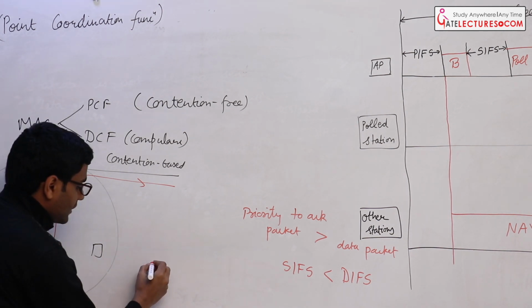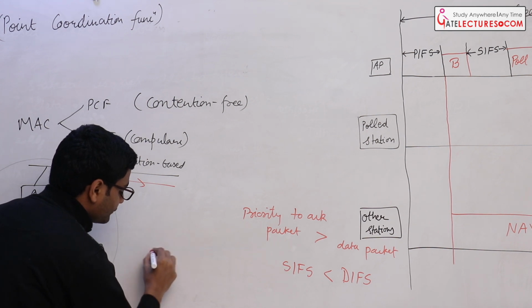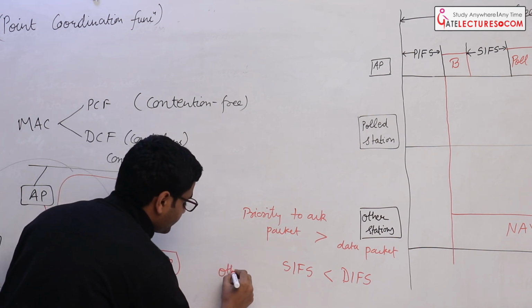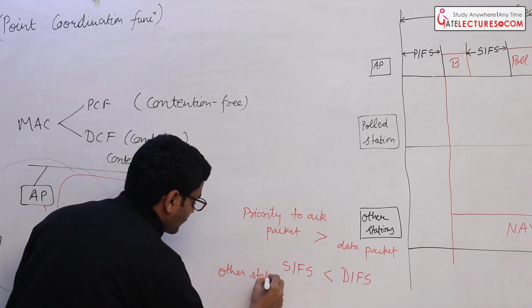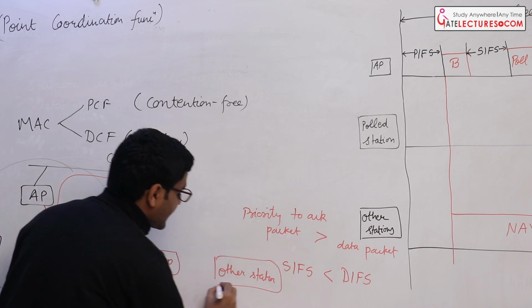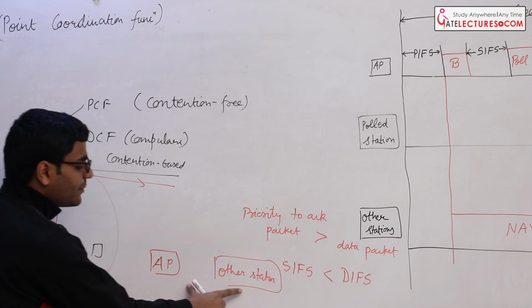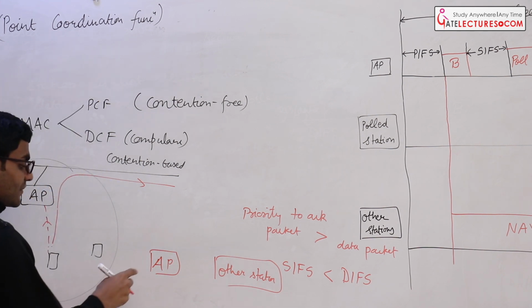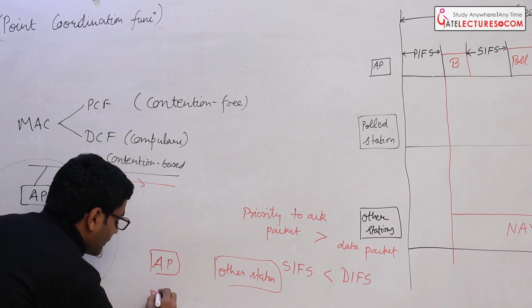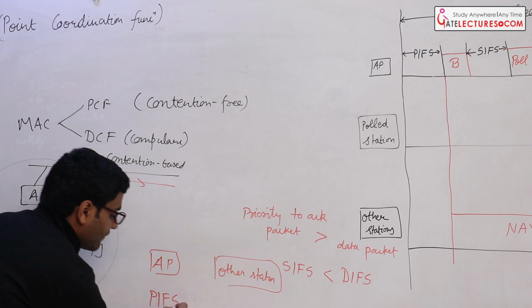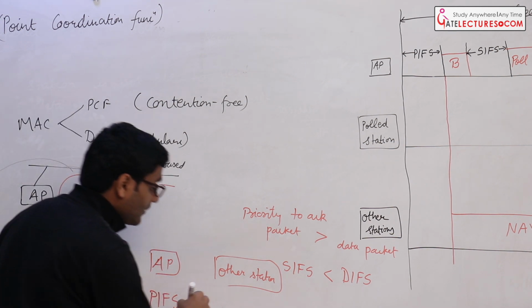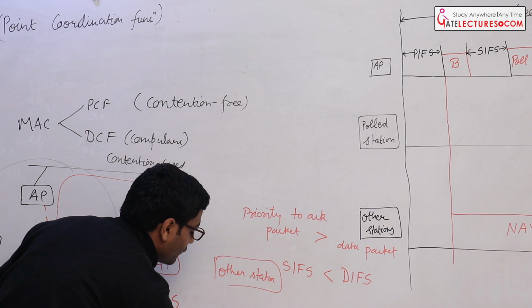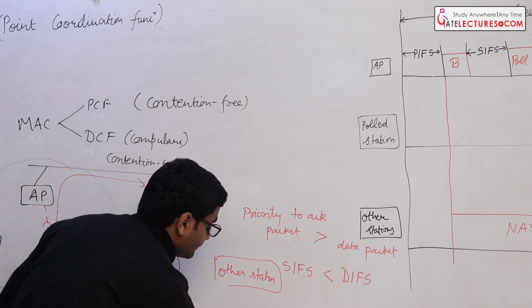So the access point and this other station sense the channel at the same time, and they both find the channel idle. But after sensing the channel, the AP will wait for PIFS amount of time, and the other station will wait for DIFS amount of time.